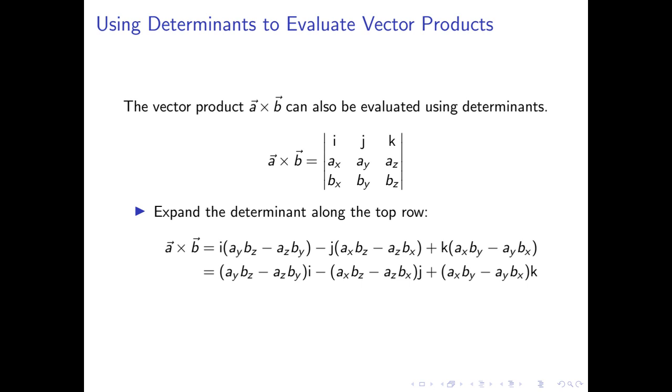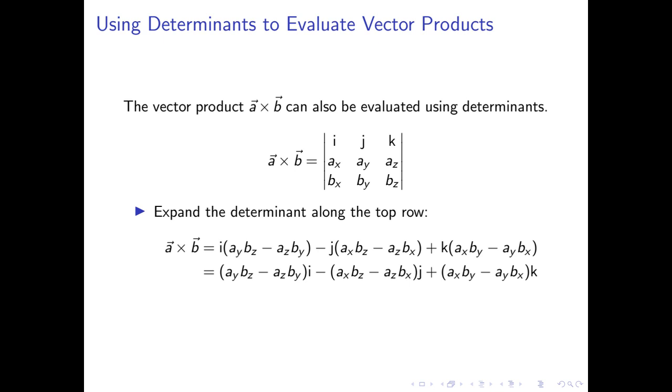The approach is called using determinants. I know some of you don't know what a determinant is. A determinant is a way of simplifying a matrix. However, I'm just going to introduce it to you here, but when we get to matrices, I will describe it in detail. How do we use determinants to evaluate vector products?